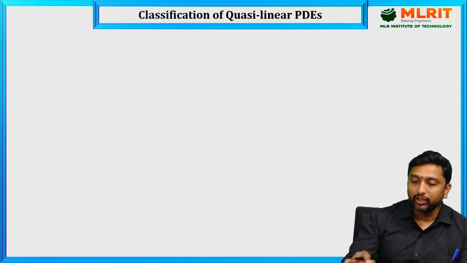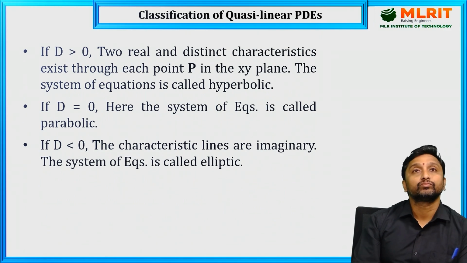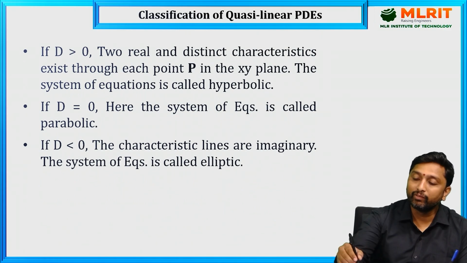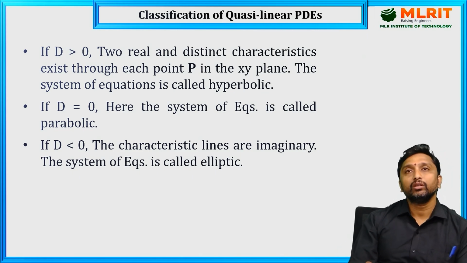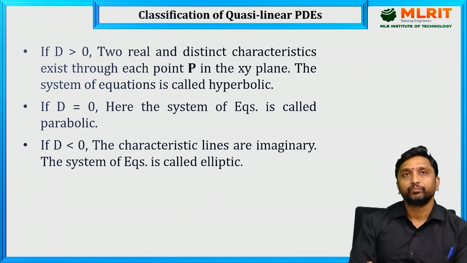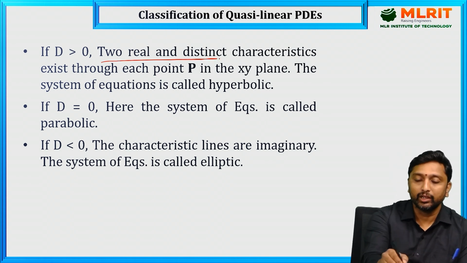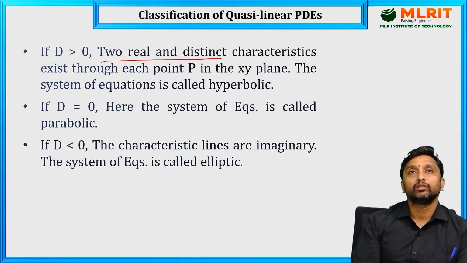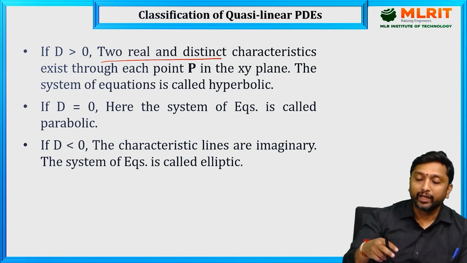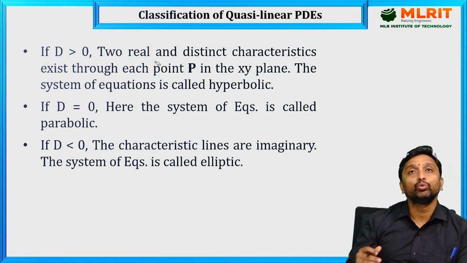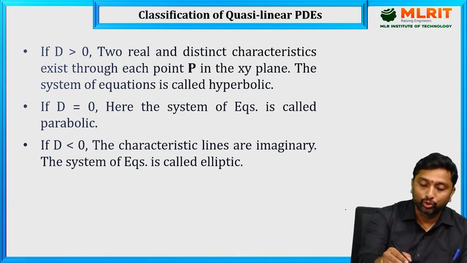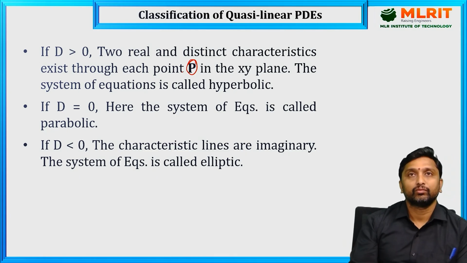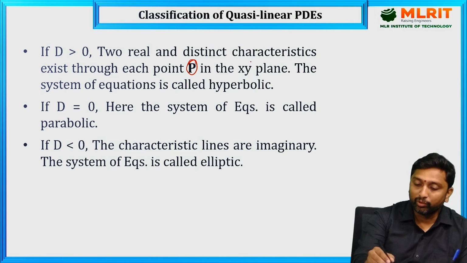So if d is greater than 0, then dy by dx has two distinct real roots. So the characteristic curve will have two distinct regions, and the solution for point P in that case will have two characteristic curves.